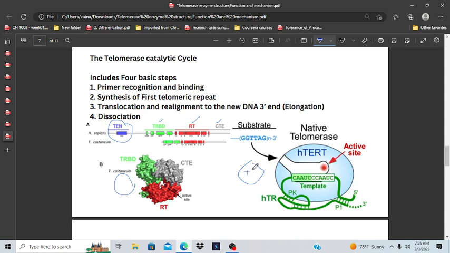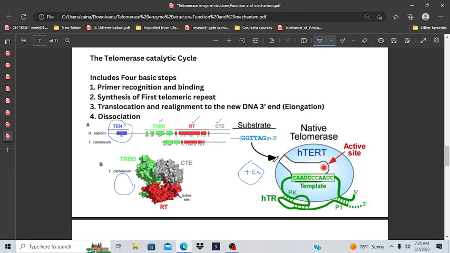So what does this TEN domain do by residing separately? It has a very important function in the catalytic activity of the telomerase enzyme, which we will see further. Now, here you can see the HTERT protein is there and also the HTR. HTR is the RNA template. The speciality of the telomerase enzyme is that, unlike other reverse transcriptases, it has its own RNA template within it.